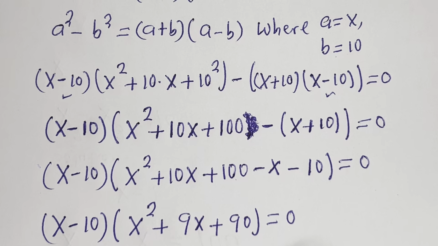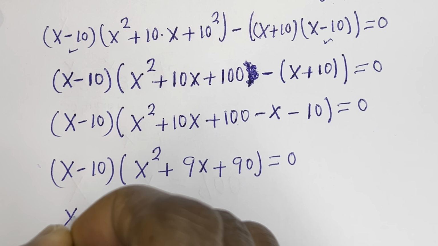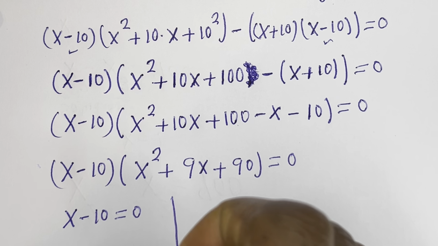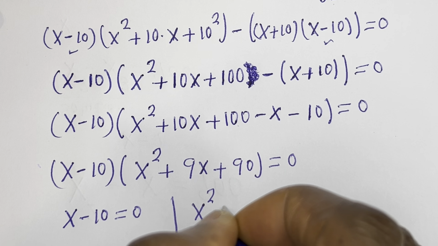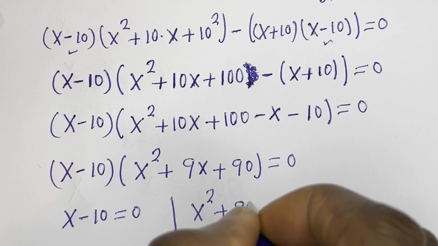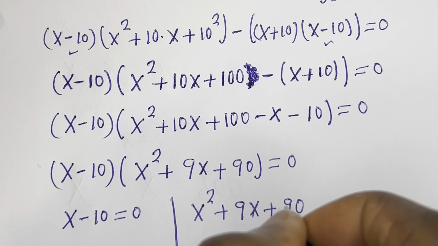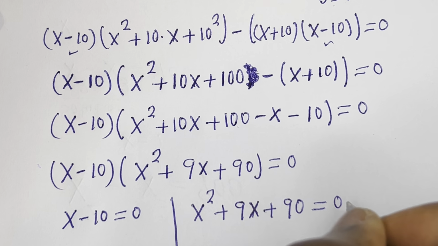There are two cases here. The first case is s minus 10 is equal to 0, and the second case is s squared plus 9s plus 90 is equal to 0.